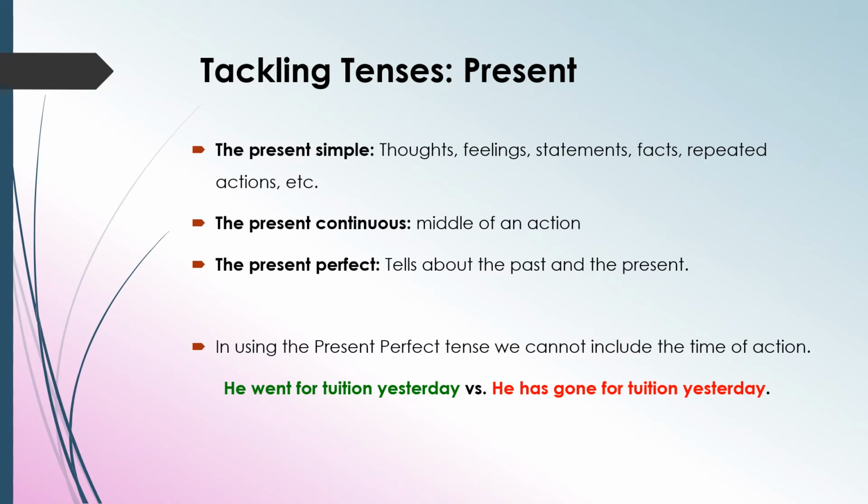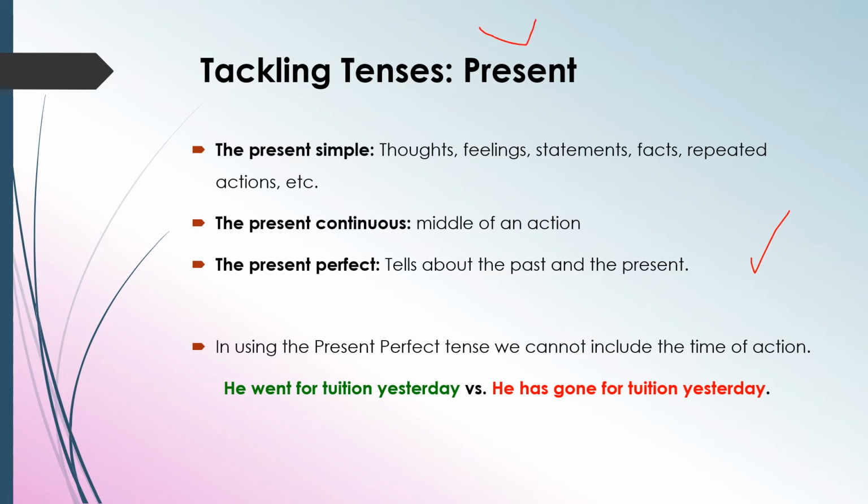Okay, so now we would like to tackle tenses. Yes, we would like to tackle tenses because this is one of the important grammatical aspects in the English language. So first we will look at the present form.